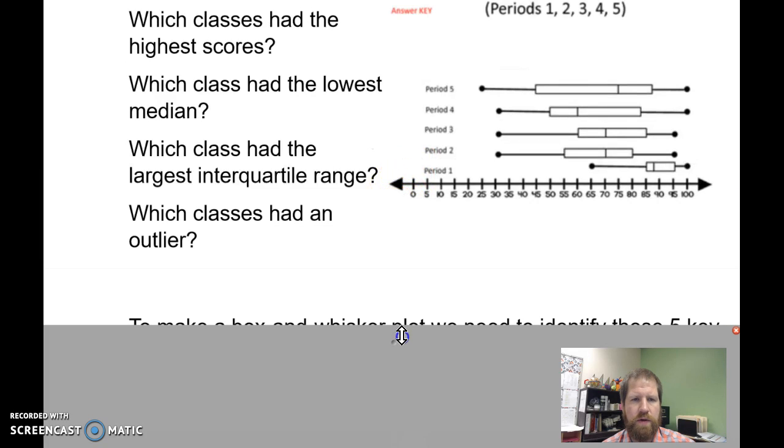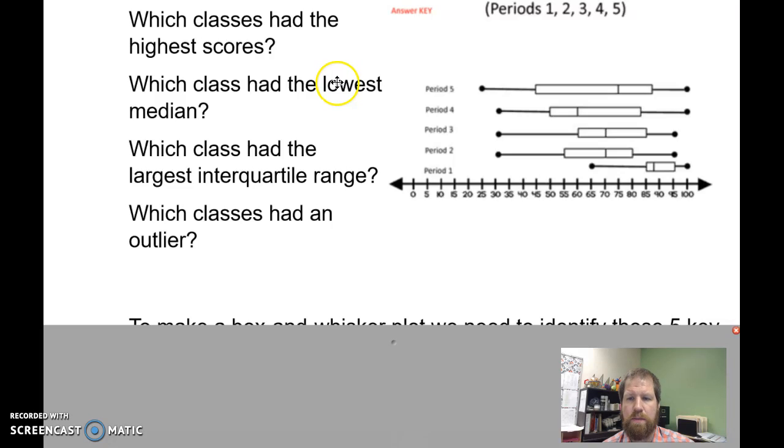If I'm looking at this box and whisker plot and answering these questions, which classes had the highest scores? Well, the highest scores, so that's looking at the maximum point. And it looks like period 1, period 4, and period 5 all had at least one score of 100. So they had the highest scores.